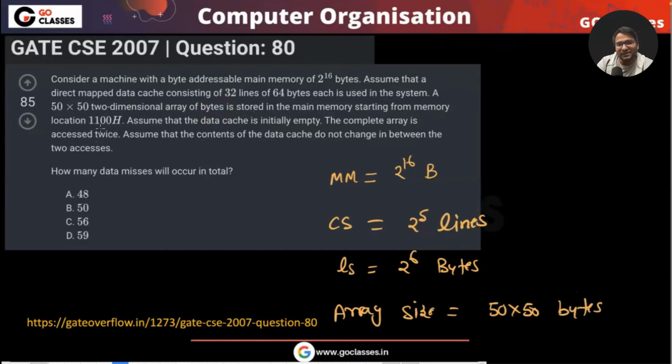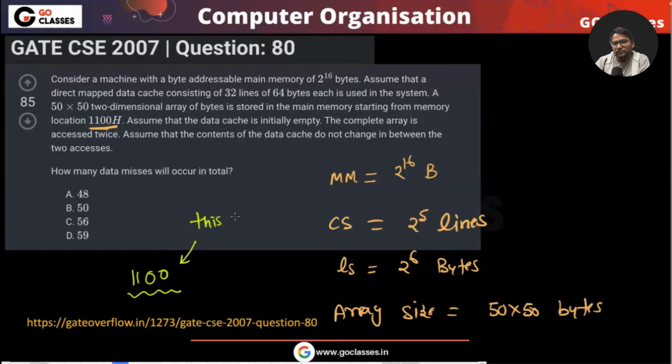They are saying that the array is starting from this location. H means hexadecimal. The array is starting from 1100. Can you tell me whether this particular location is the start of any block or not? You just need to tell me immediately. This 1100 in hexadecimal, is this the starting address of any block?